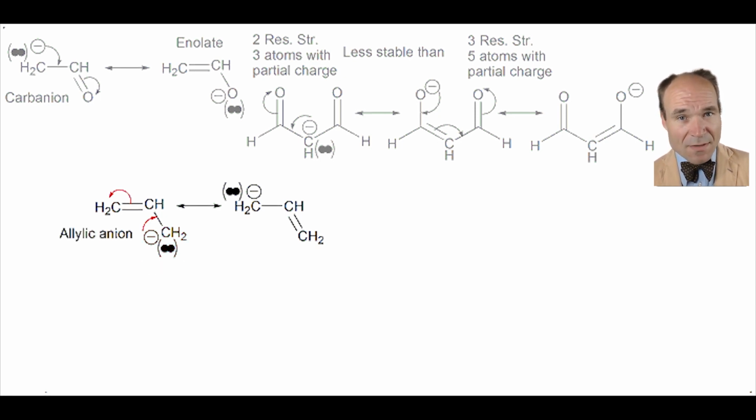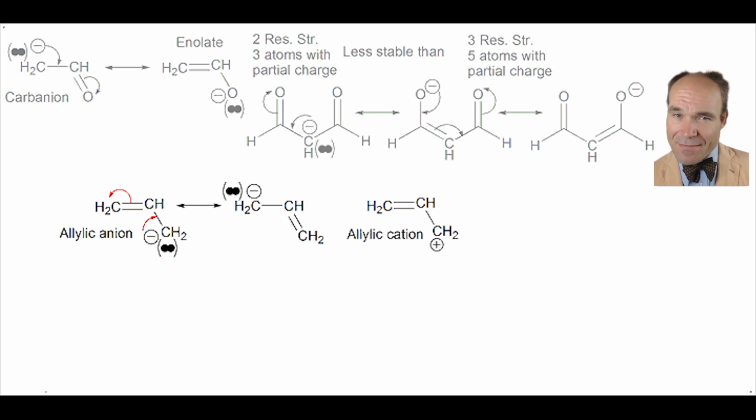So thus far we've seen how a negative charge is used with arrow movement. What happens if there's a positive charge? Well, here's an example of an allylic cation. This involves a carbocation. Now we have 3 atoms, but notice that because we're not dealing with a negative charge and we are dealing with a positive charge, the arrows that are moving are different.